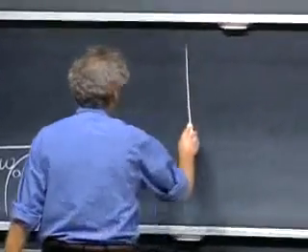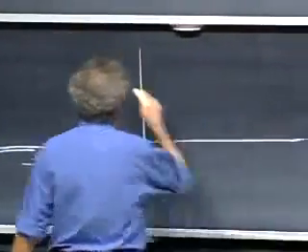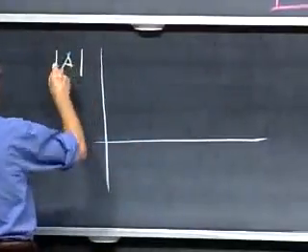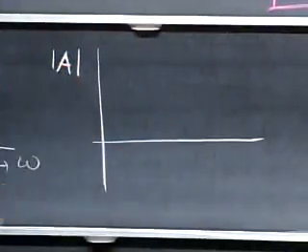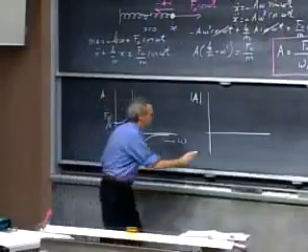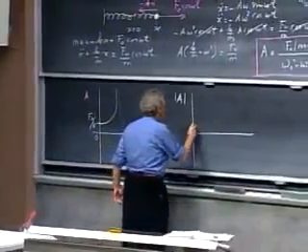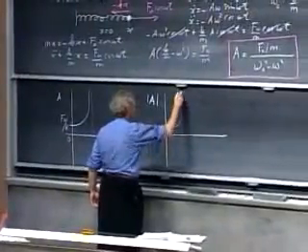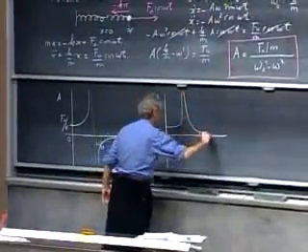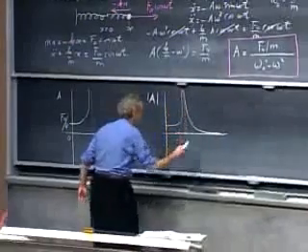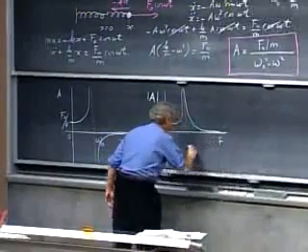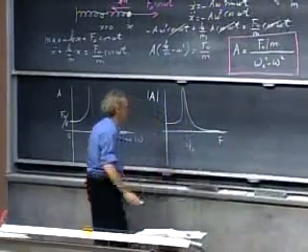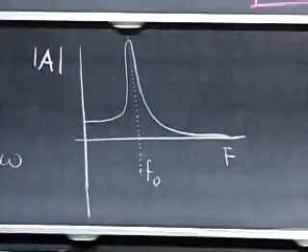So if I make you a more realistic plot of the amplitude, and I will take now the absolute value, the magnitude, so we don't have to worry about it getting negative, we don't have to worry about the 180 degree phase shift, then you would get a curve that looks like this. And here then, if this is frequency f, then here you would get the natural frequency when things go out of hand.